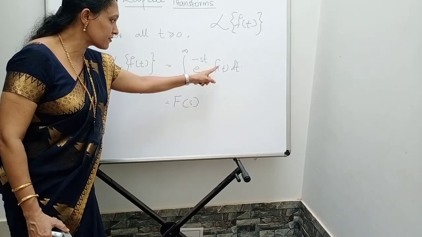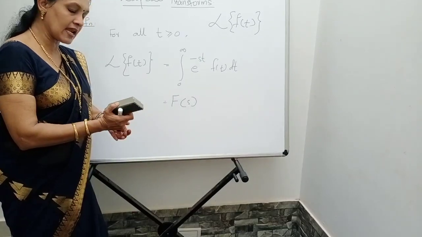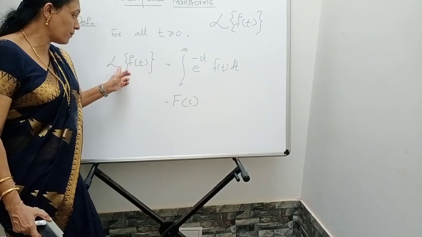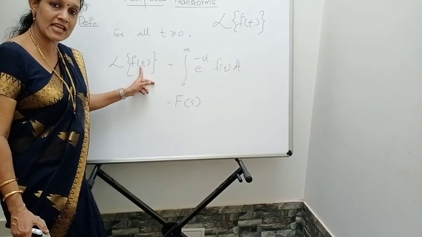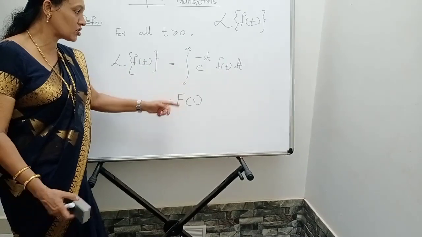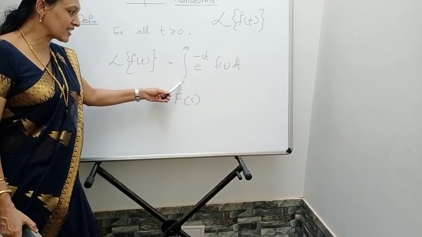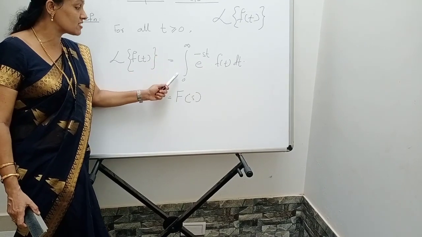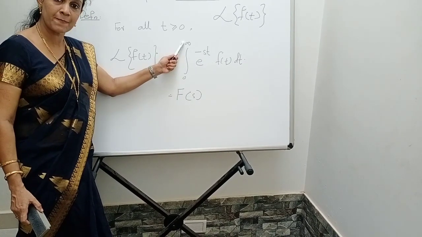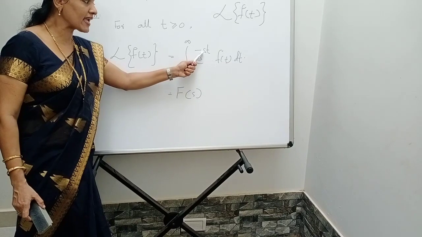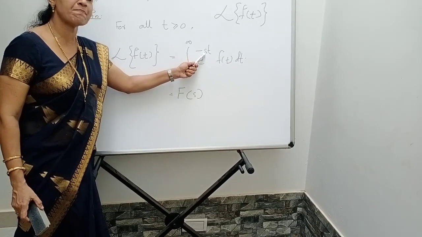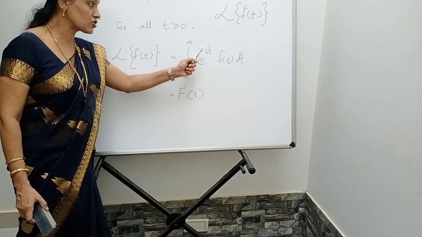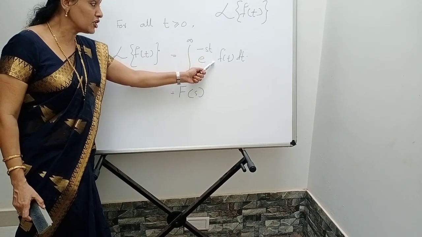So look at the definition. The Laplace transform of a function f of t is an integral. Which integral? It is integral 0 to infinity. Look at the limits of integral. It is from 0 to infinity. e raised to minus st. s is a parameter. e raised to minus st into f of t.